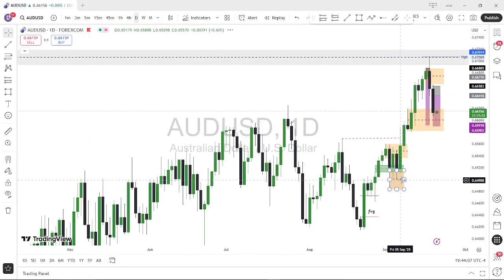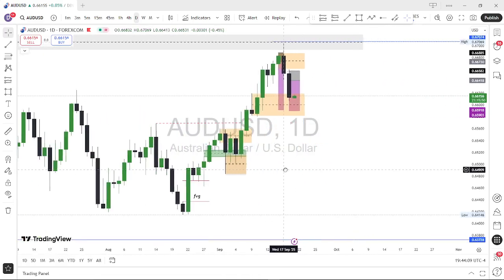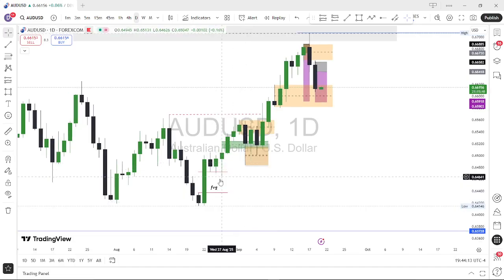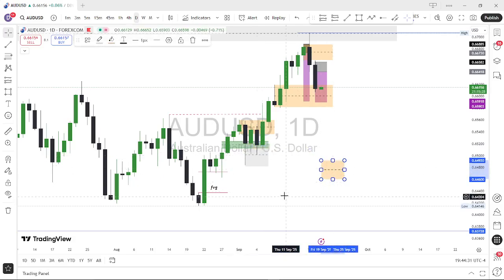So now on our daily time frame, after marking out our fair value gap, market rallied up, respected the OB sitting right here, came back down, respected this other block right here, and boom, straight back up. Now let me take this out.